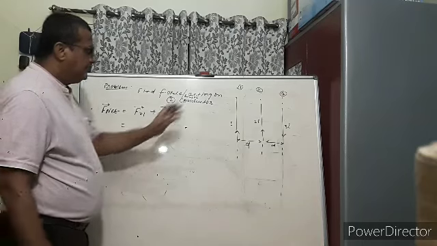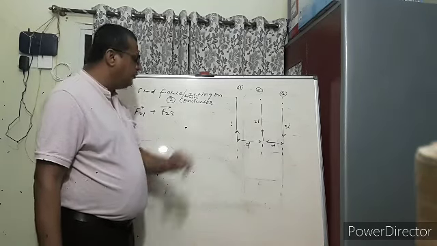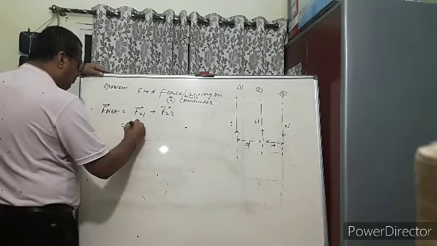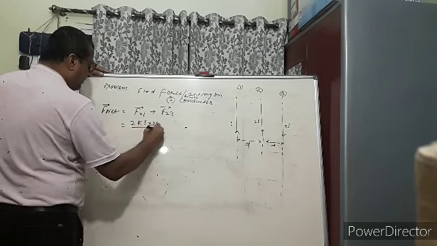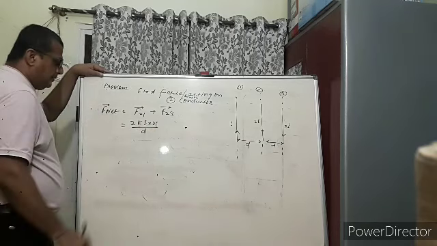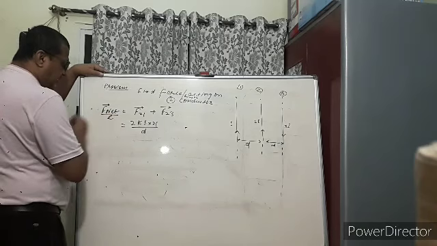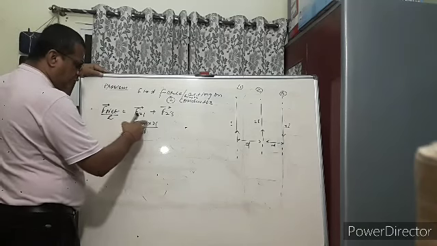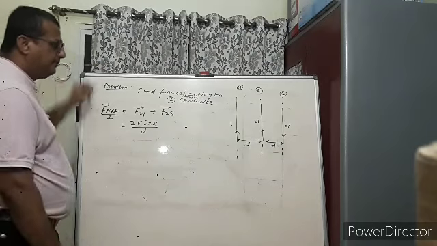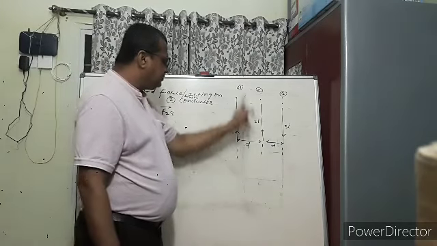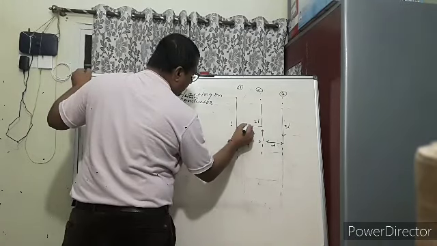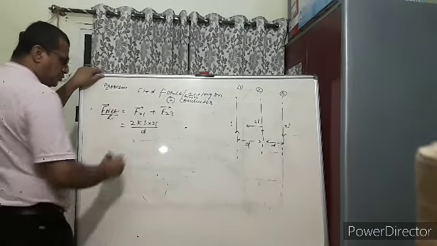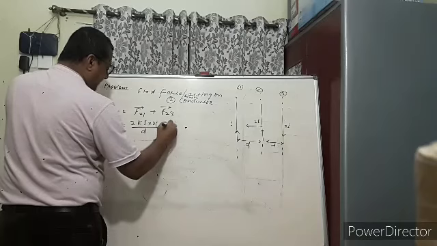The force on the second conductor due to 1 is 2K I into 2I divided by D per unit length, and this is in the same direction. So this conductor will be attracted towards the first one, so its direction will be minus I cap.